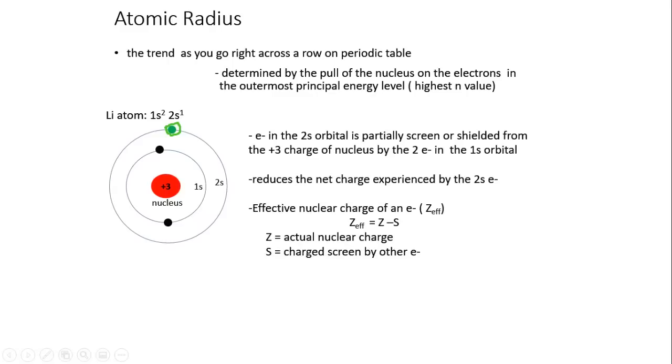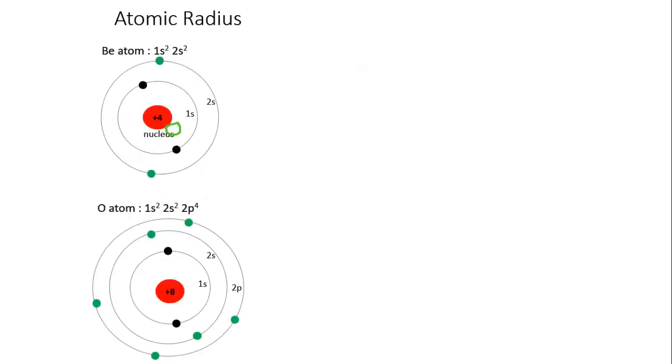So the effective nuclear charge for that outer electron is +1. It doesn't feel the full +3 charge from the nucleus. And just for reference, its radius is about 152 picometers.